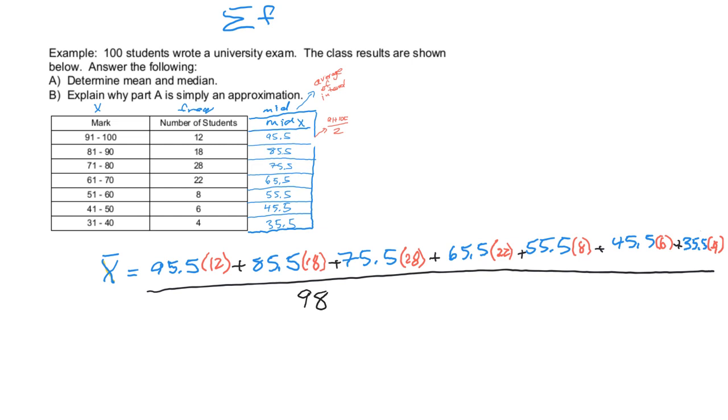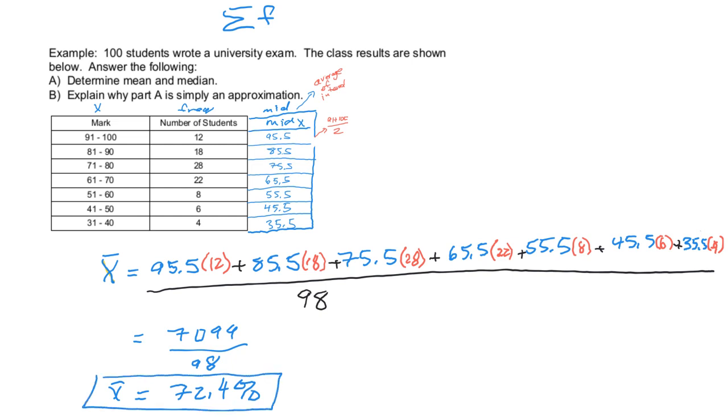When we do our calculation, we end up with 7,099 on the top divided by 98, which means our mean is equal to 72.4%.